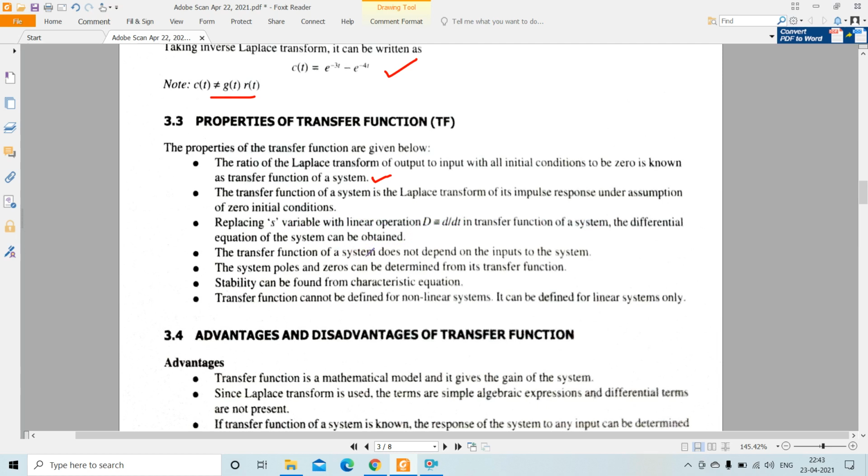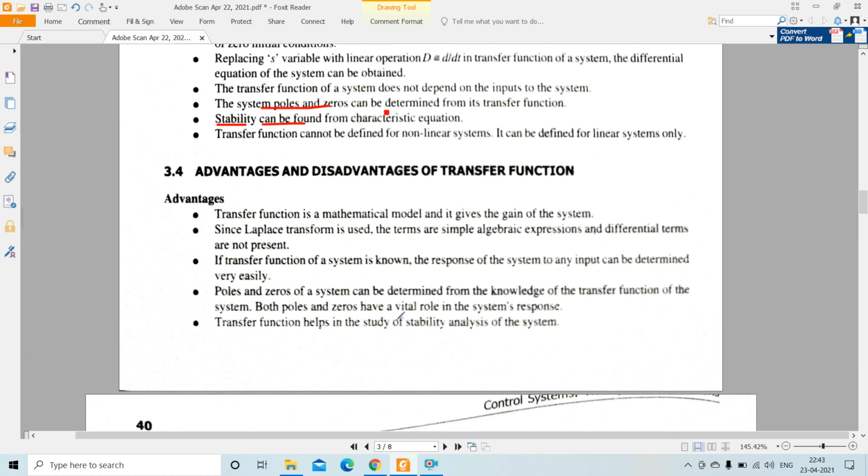The transfer function of a system does not depend on the input to the system. The system poles and zeros can be determined from its transfer function, and stability can also be found from the characteristic equation. The transfer function cannot be defined for a non-linear system; it can be defined only for a linear system.